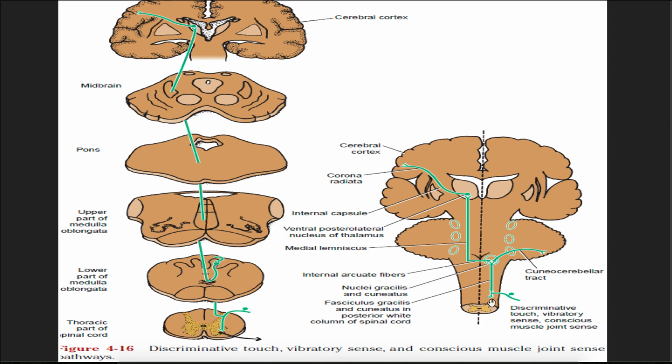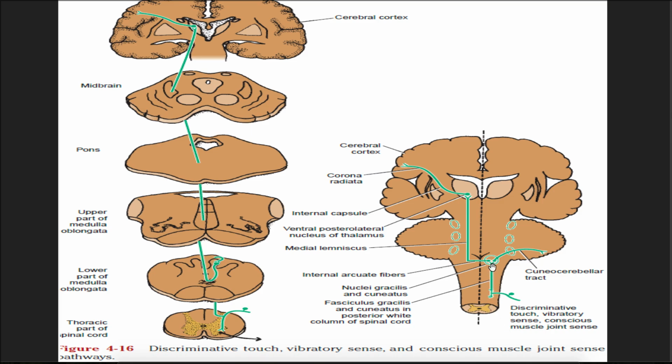Now, some of the fibers which ascend to the nucleus cuneatus won't cross. They'll just separate and go through to the cerebellum. And that will become the third tract for unconscious proprioception. So you have three tracts for unconscious proprioception: anterior spinocerebellar, posterior spinocerebellar, and cuneo-cerebellar.